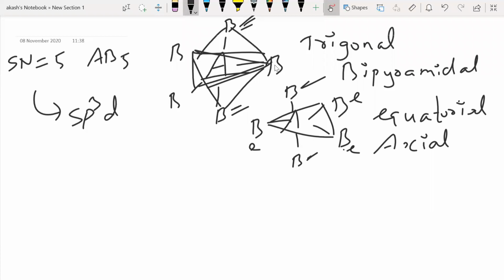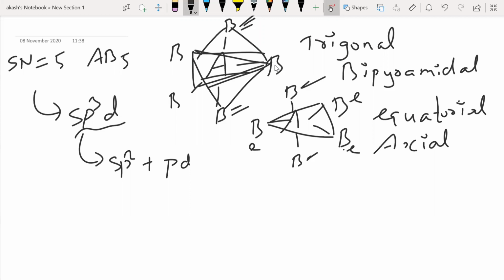Now, why are we calling them by different names? It is because the bond lengths, the bond angles, everything is going to be different for equatorial and axial bonds. Please understand that. Now, how will I try to visualize this? I will be able to split this sp3d hybridization as sp2 plus pd.